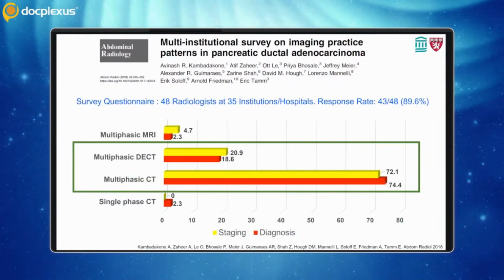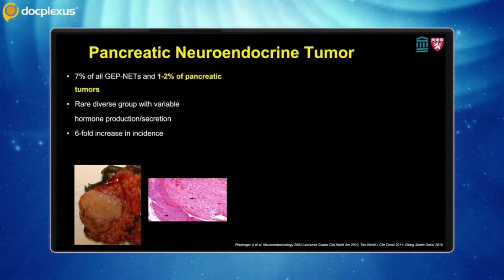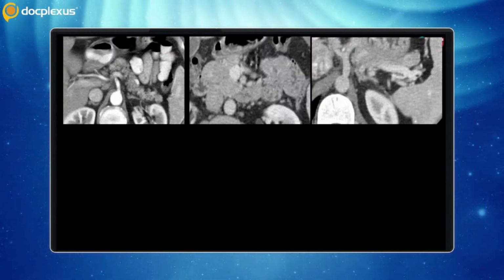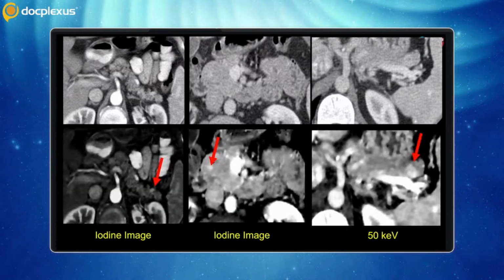Dr. Joshi spoke about pancreatic neuroendocrine tumor. I won't go into details about the clinical features, but if you look at the accuracy of CT for detection and characterization of neuroendocrine tumors, the accuracy falls as the size of the lesion gets smaller. Now, these are three examples from our clinical practice where you can see the regular conventional CT images, but when you look at the virtual monoenergetic and the iodine images, the hyperenhancing lesions in the pancreas become more evident.